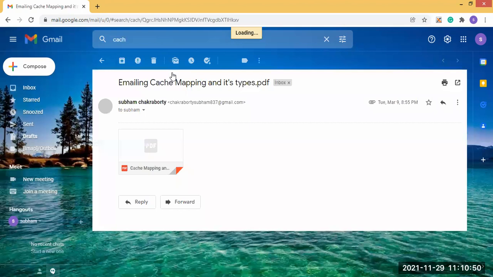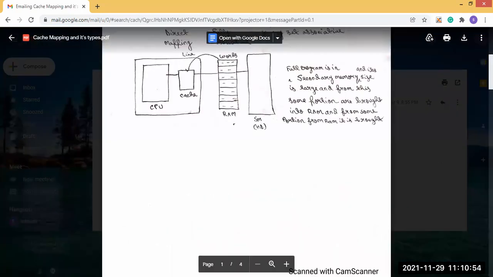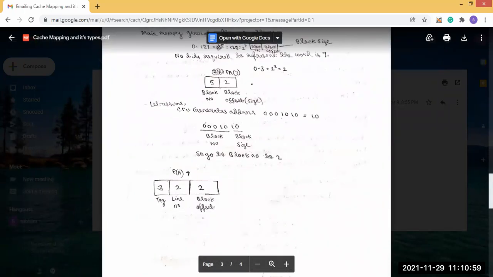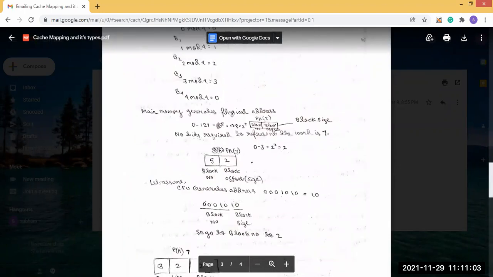Another technique, in the physical address, that I left out is how it can be done for direct mapping. I have missed that. Let's say the CPU generates an address like this: 0001010.